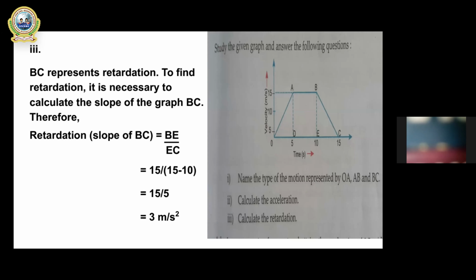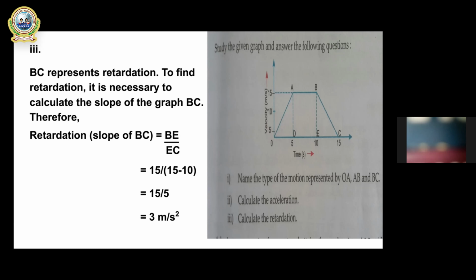On the slide, I have not written minus BE upon EC, because retardation itself means negative. Retardation is minus a. If you had written simply acceleration on the left-hand side, you must keep minus BE upon EC.